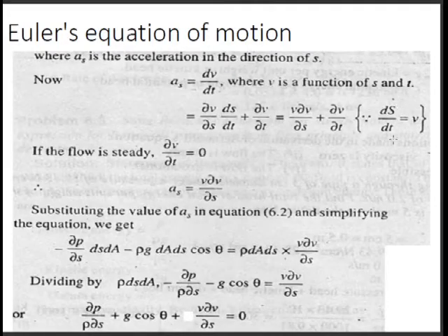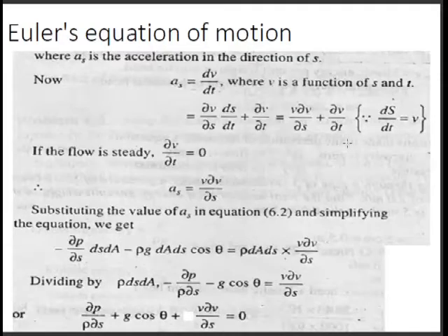Putting this value in, we get the final equation of a_s as v ∂v/∂s plus ∂v/∂t. This is the equation of acceleration in the direction of S.